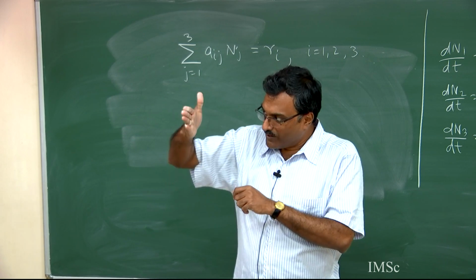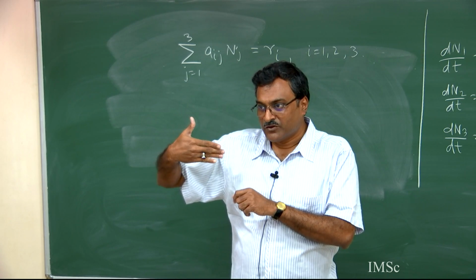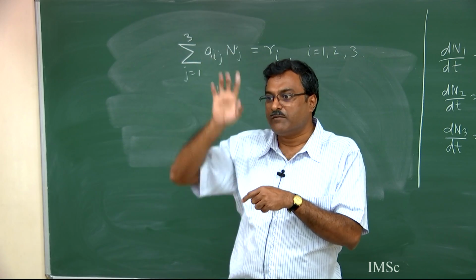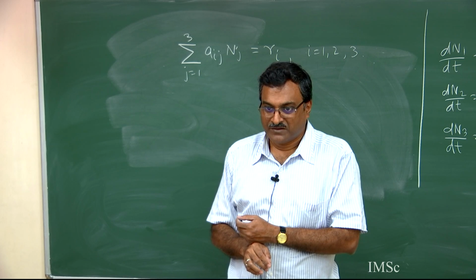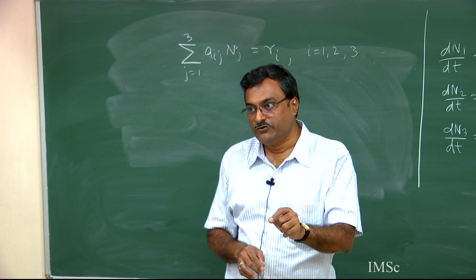So you have one plane like this, another plane like this, another plane like this. All these 3 planes intersect along a straight line. So you will have an infinite number of equilibrium points, and judging stability in that situation is quite difficult.